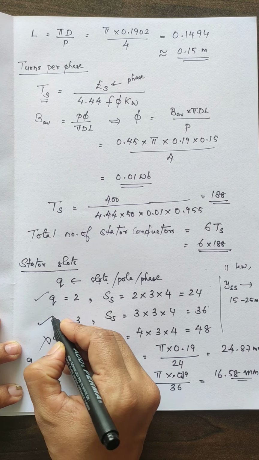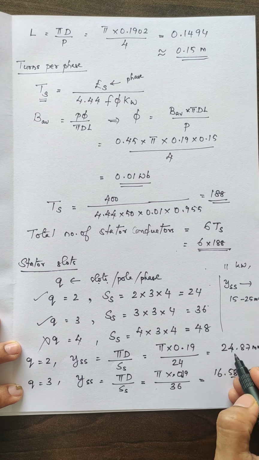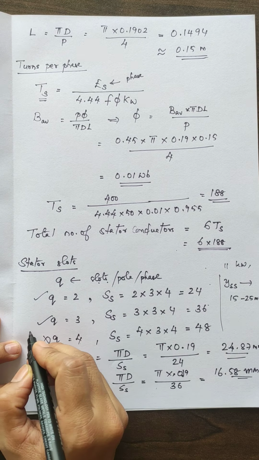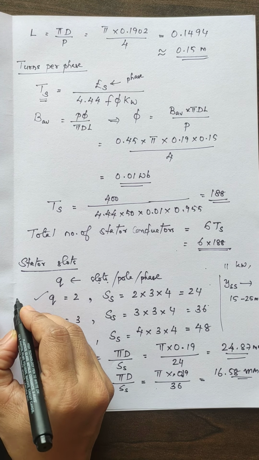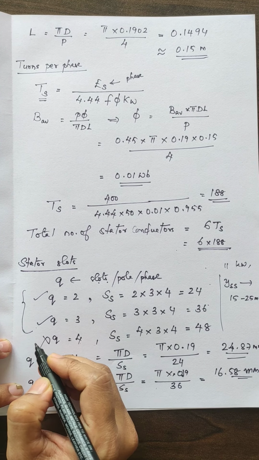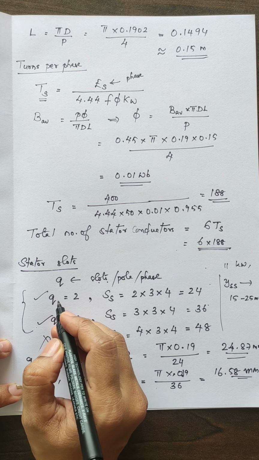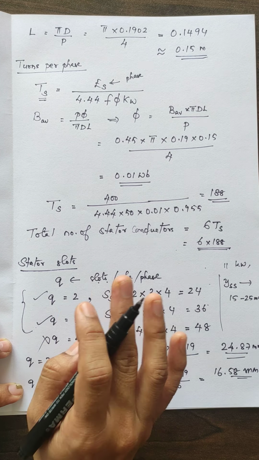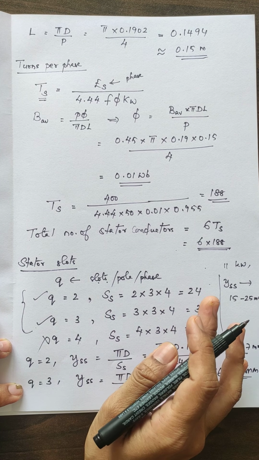But these two cases are possible. These are between 15 and 25 mm. So what do we have to do? The best way that we can design this machine is to choose as many slots as possible.